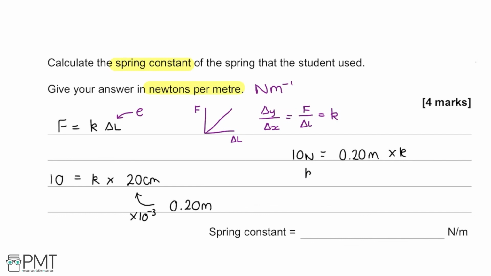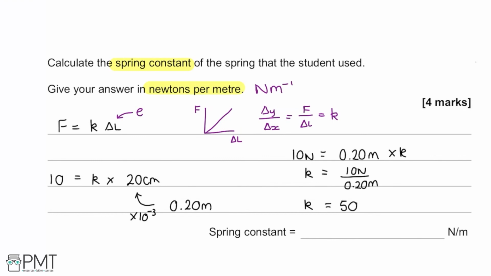So if we divide both sides by 0.2 metres, we have 10 newtons divided by 0.20 metres. And if we put that into our calculators, that's going to give us a value of k of 50.